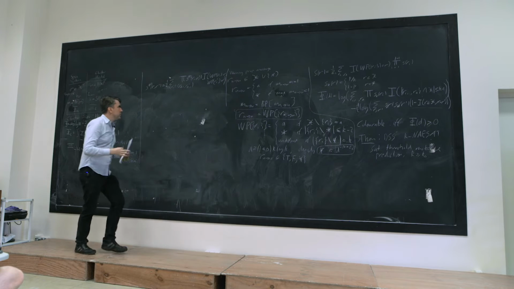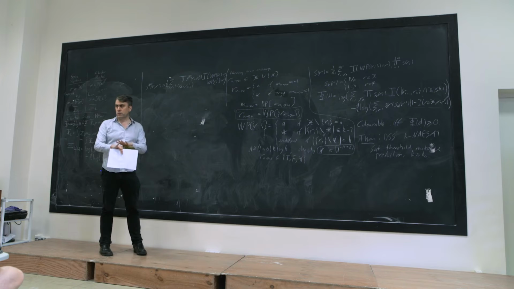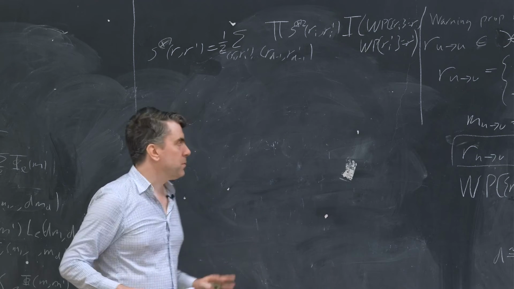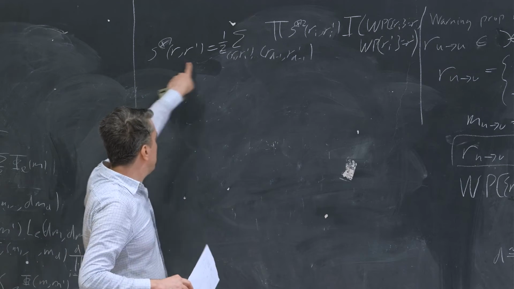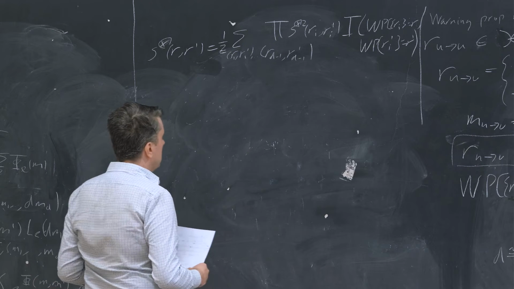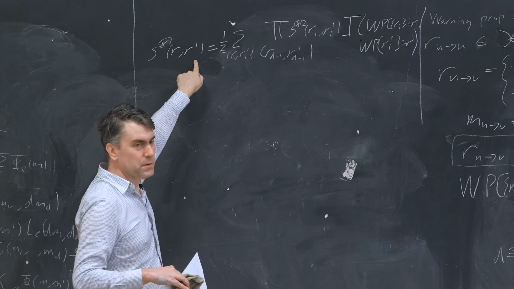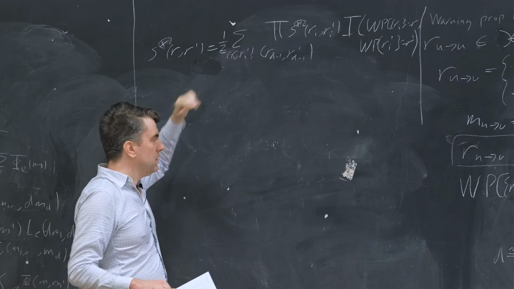So you just want each of the two copies to behave like a warning propagation configuration. And so you want to say, what are the fixed points of S's here? So S is a function on k plus 1 squared variables.